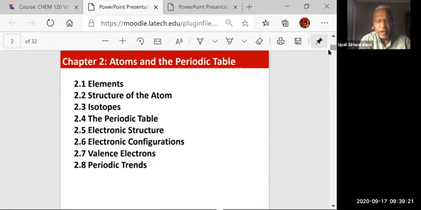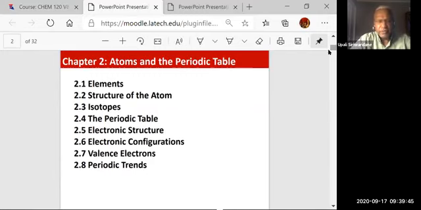Chapter 1 is about atoms and the periodic table. We're going to talk about elements, which are composed of one type of atom, and compounds and mixtures, pure substances, and all the review of chapter 1 again.